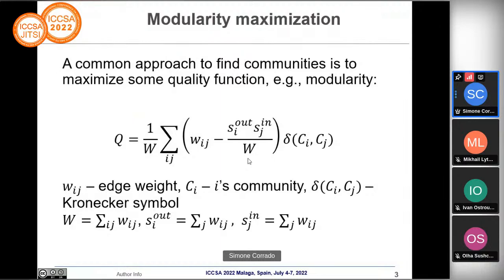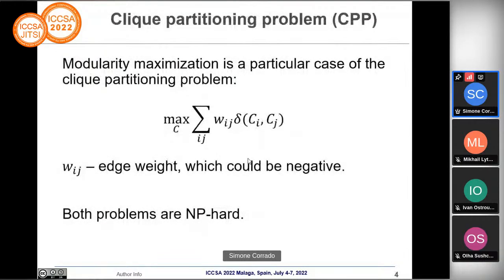There is a quite well-known generalization of this problem. When you have a complete weighted graph, you can use those weights directly and do the same thing: try to maximize the sum of weights of the edges that fall into the same cluster.